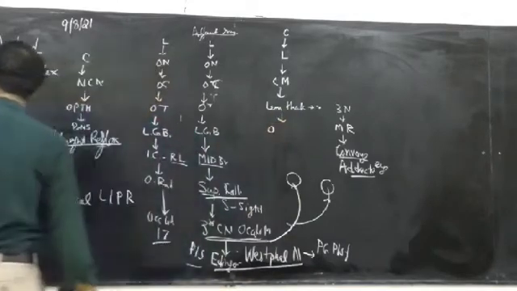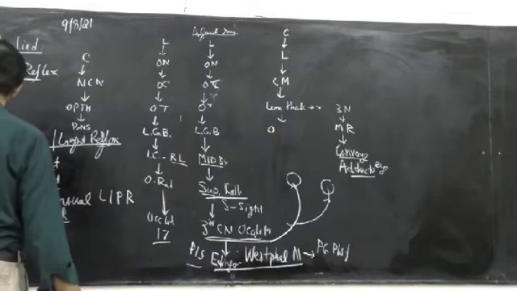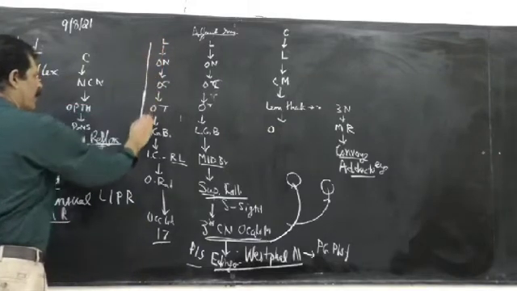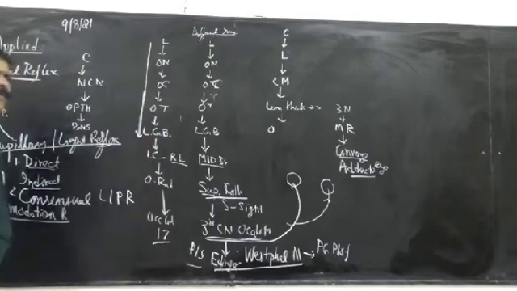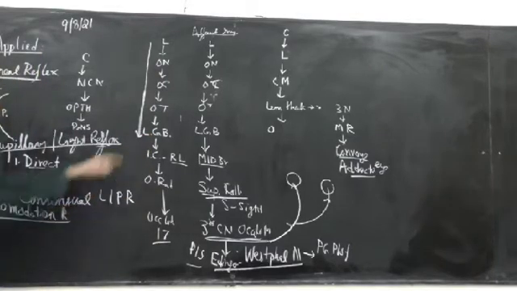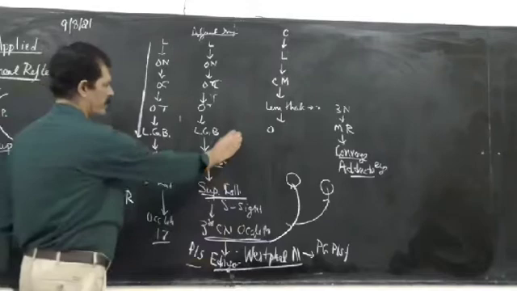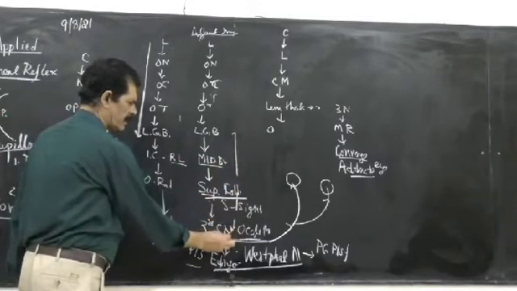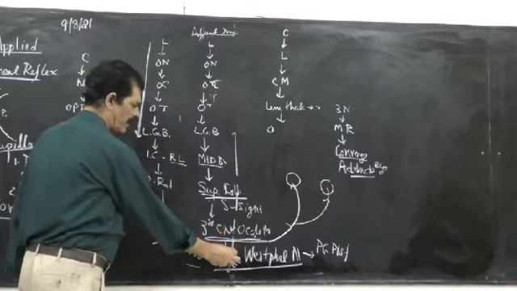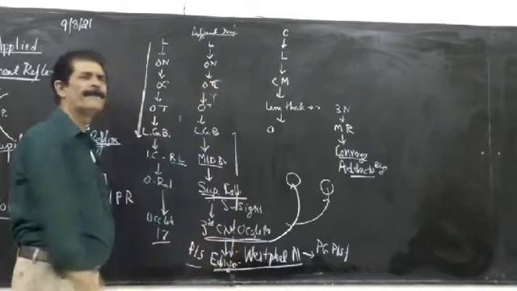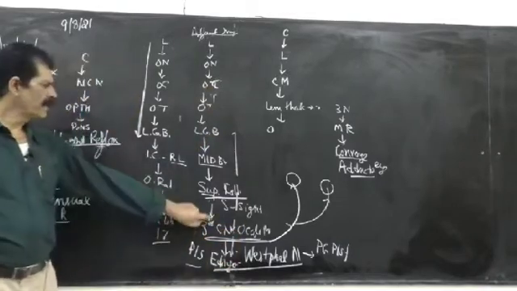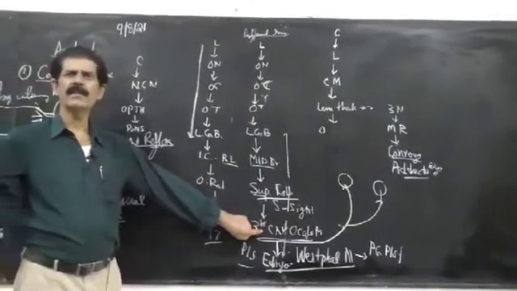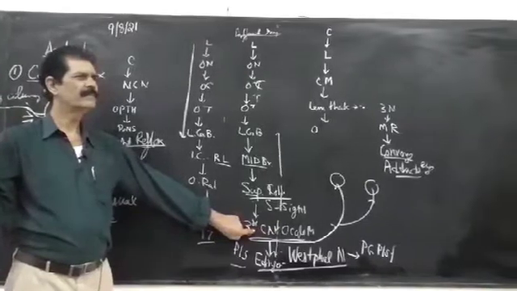So the image of the near vision is formed here, and the same thing goes like this up to the lateral geniculate body. And from the lateral geniculate body, midbrain, superior colliculus, third cranial nerve, and Edinger-Westphal. This is the same. So when it reaches the third cranial nerve, it is stimulated and brings about the medial rotation, adduction of the eye.